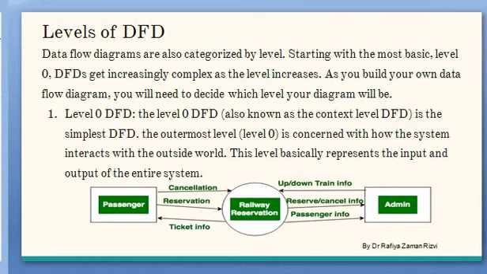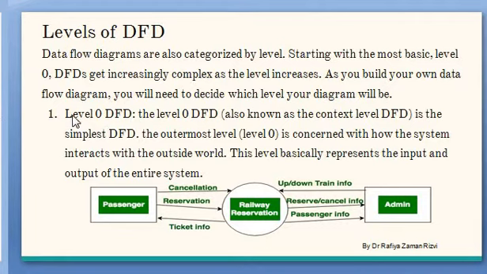So there are 3 levels, and each level is more complicated than the previous one. There can be more levels, but these are the 3 basic levels that have to be there. The more complex a system is, the higher the level of the DFD.